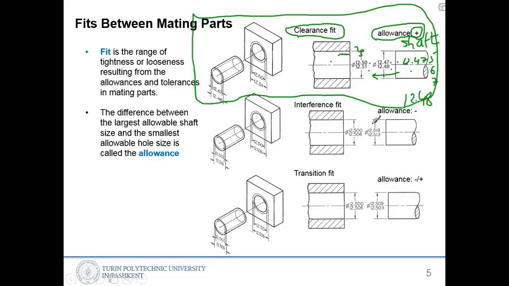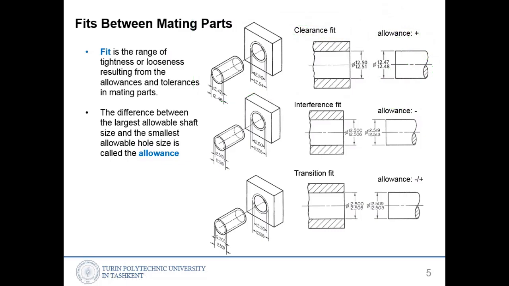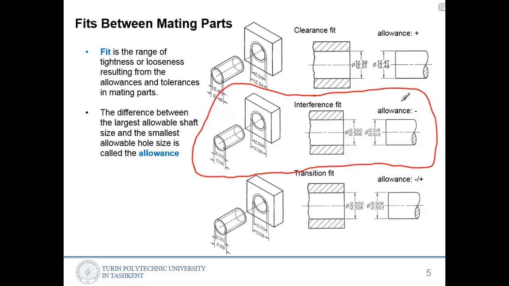The next one is the interference fit. In an interference fit, we have a negative gap: every time the shaft has a bigger size than the hole. Even if you insert the smallest shaft into the biggest hole, you still get a minus allowance, so there is no gap.